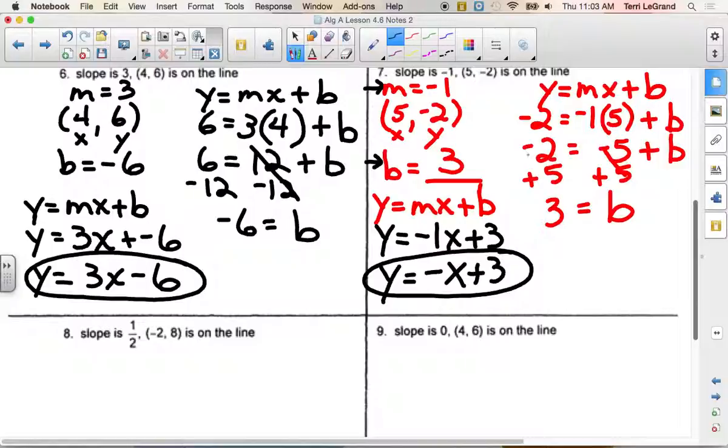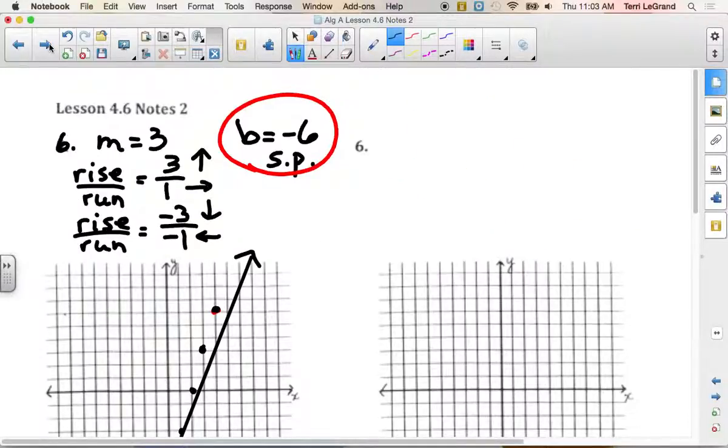Okay, so let's go to our graphing page. Let's write down the information we need for graphing. What do we need? M equals, what is it? -1. So we need to do our rise over runs.